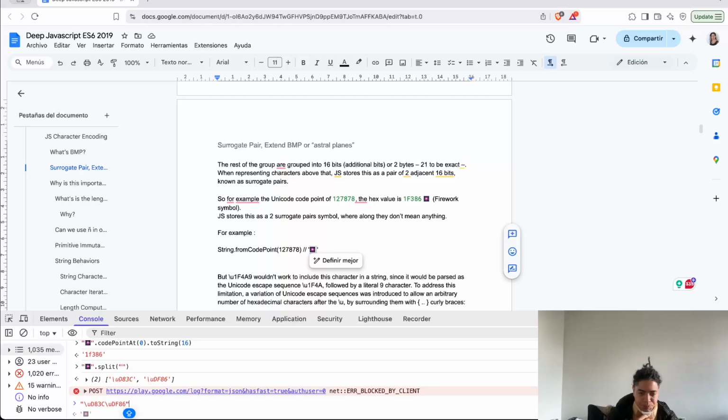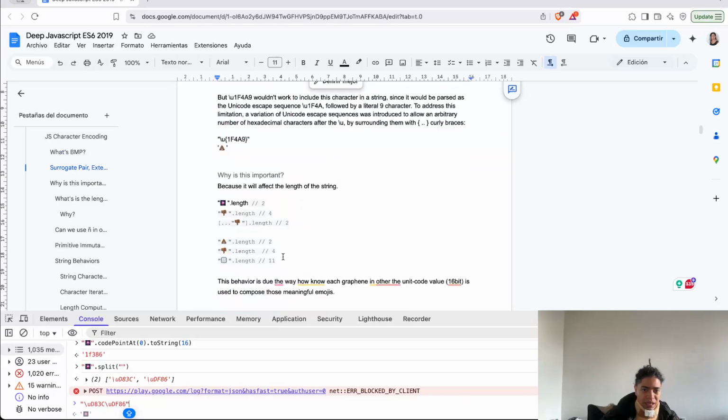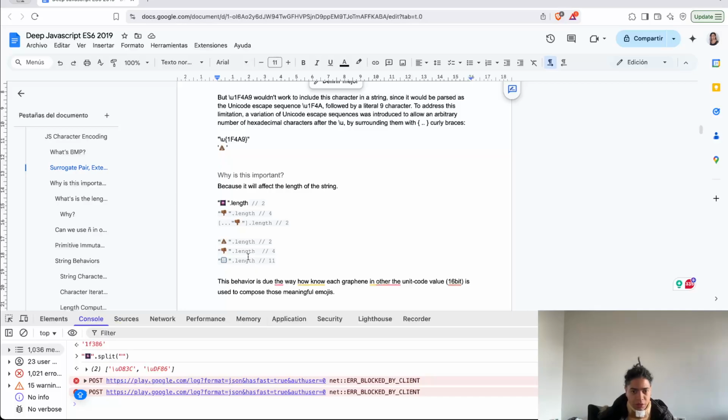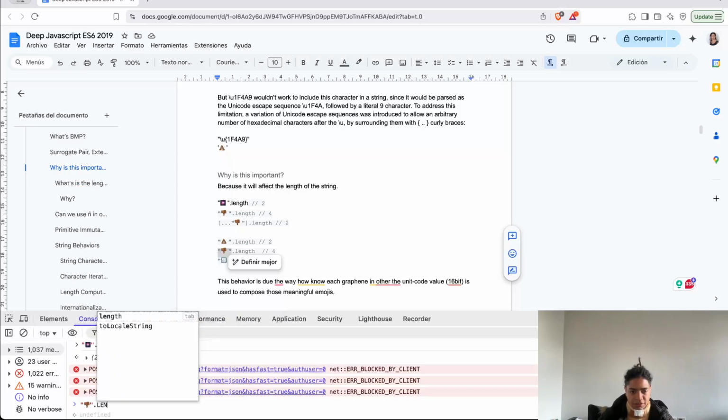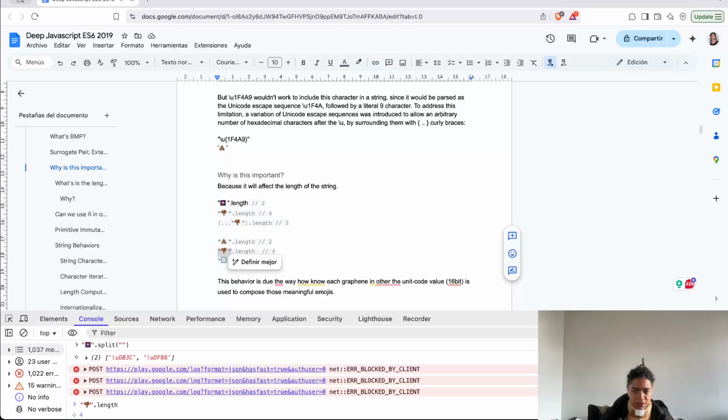Now, why is this important? Because when you start to look at other emojis, for example like this, and you ask the length, it tells you that this is 4, and you may wonder what is this. So you can start to think about the composition of these surrogate pairs.